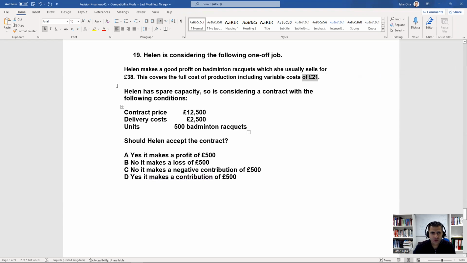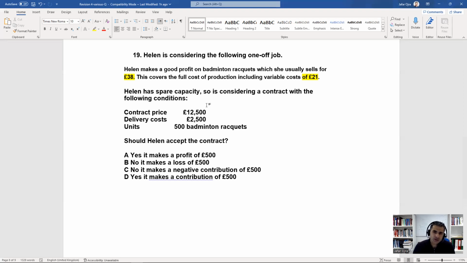Helen has spare capacity, so she is considering a contract with the following conditions. The contract price is £12,500, the delivery cost is £2,500, and the units are 500 badminton rackets. Should Helen accept the contract or not?